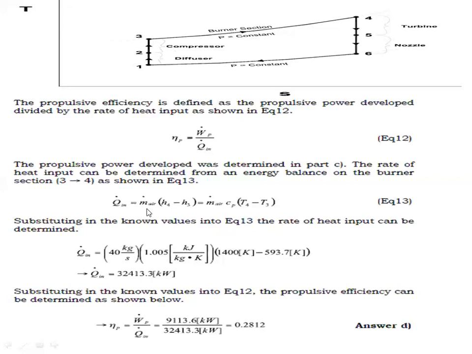That can be defined as mass of air into the change in enthalpy, H4 minus H3, which is equal to m into Cp into T4 minus T3. Substituting the known values, m is equal to 40, Cp is equal to 1.005, T4 is equal to 1400, and T3 calculated is 593.7 degrees Kelvin. Therefore, the heat input in the cycle is 32413.3 kilowatts.